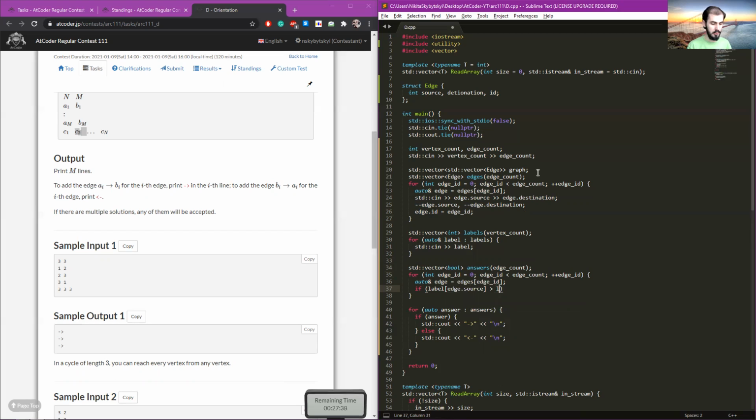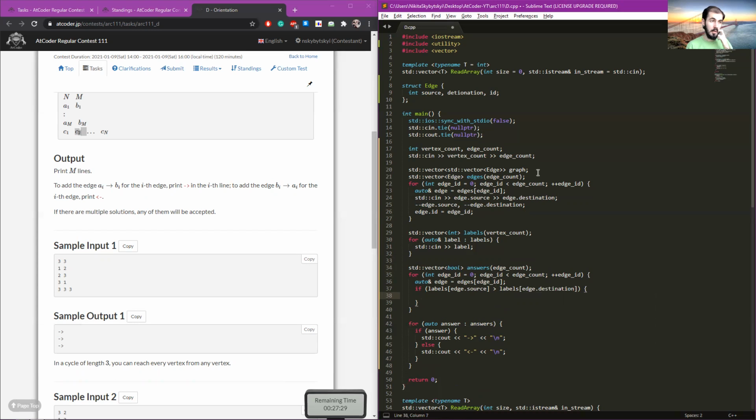If the label of the edge source, actually I believe it's called labels, is greater than the edge destination, then we only can have, well, let me make it so: -1 will denote an undefined answer, 1 will denote like this and 0 will denote like this.